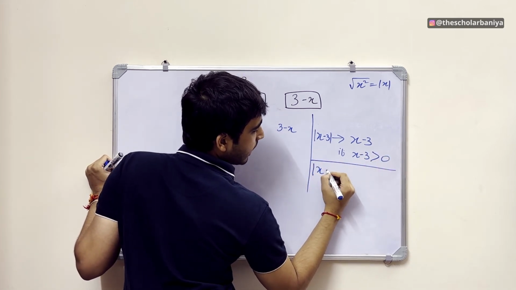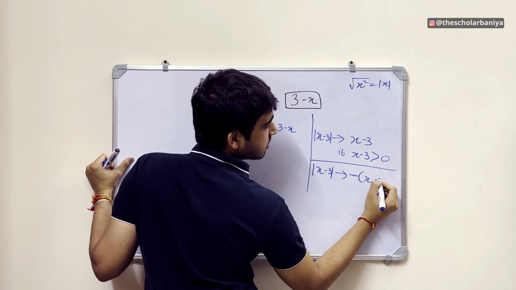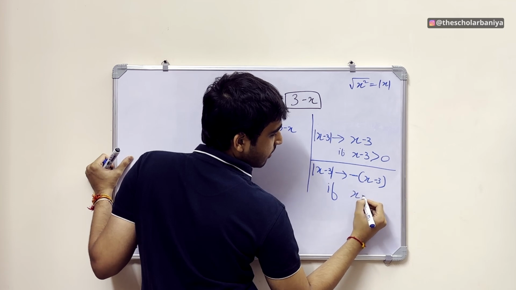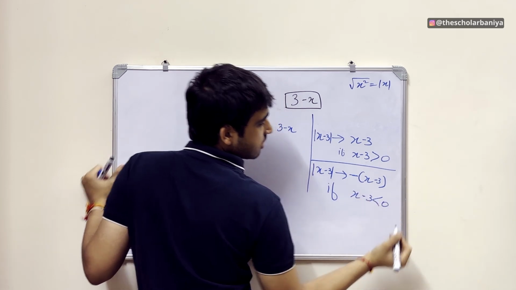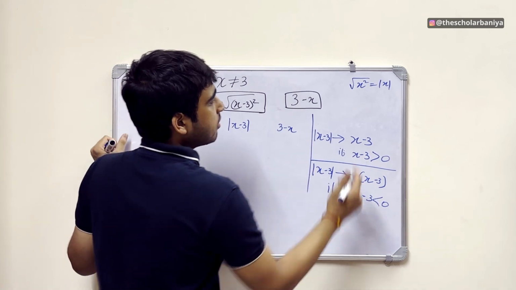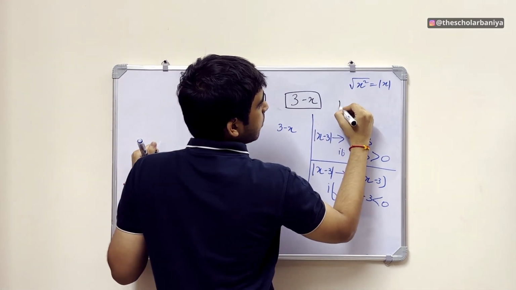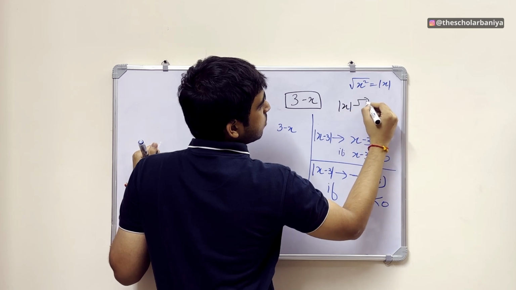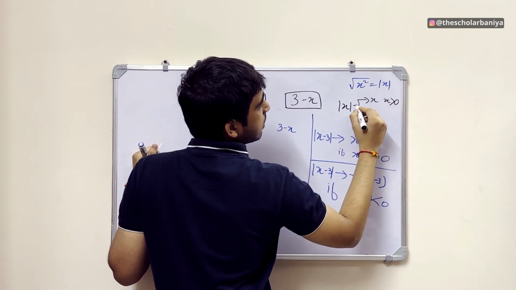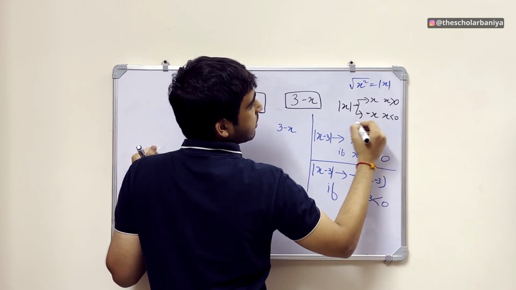And mod of x minus 3 will be minus of (x minus 3) if x minus 3 is less than 0, right? I hope this is clear. As I've told you before, mod x is equal to x given x is greater than 0, and mod x is equal to minus x if x is less than 0, right?